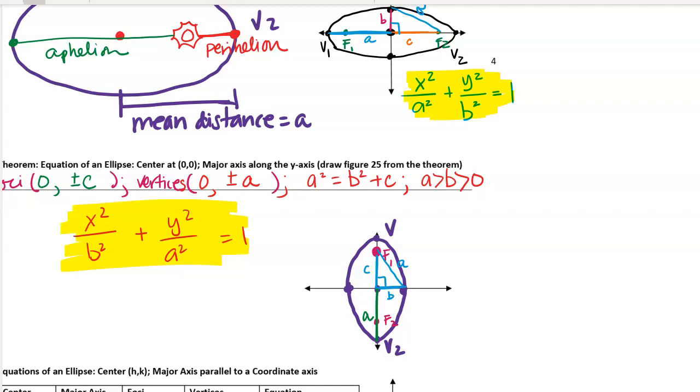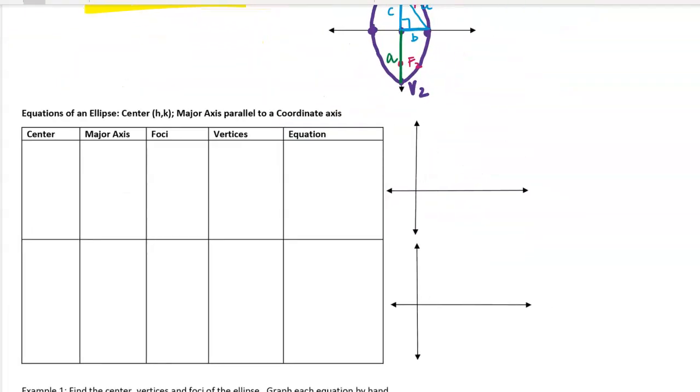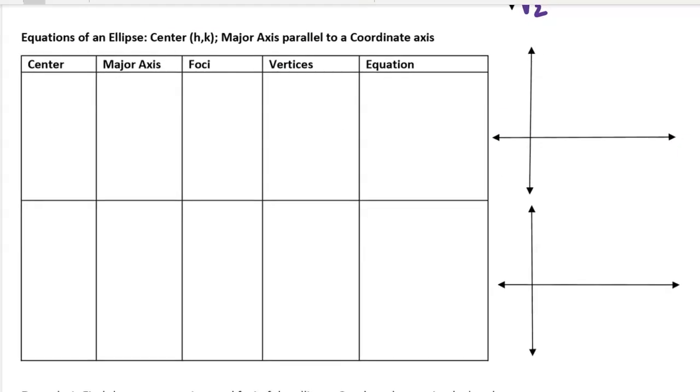Okay. Let's go do examples. Oh no, not yet, I lie. Let's define when it's not at 0, 0. All right, equation of the ellipse when the center is h comma k, that means it's not at 0, 0. Major axis is parallel to one of the coordinate axes. So we'll start with the center being h comma k.